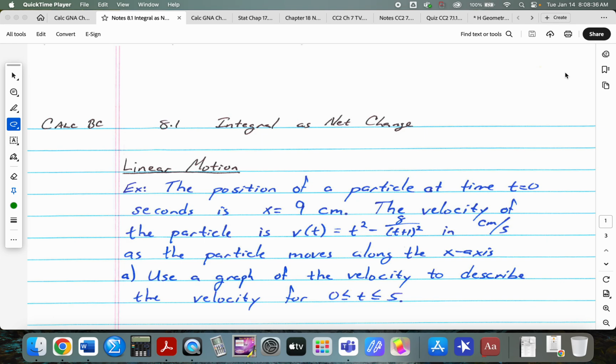So before we jump into this, I kind of jumped into examples here.